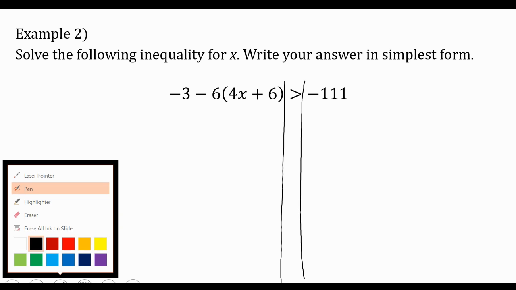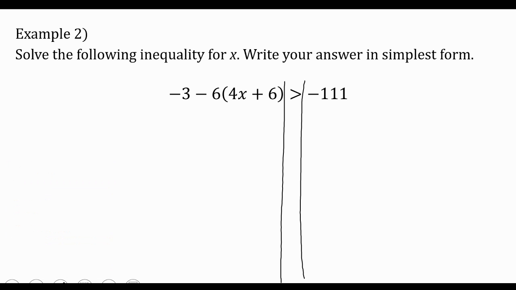And we do have parentheses here, so we know that we're going to distribute first. Remember, you're going to distribute this whole number outside, so treat it as if it is a -6, and you're distributing a -6. That's why I circle the subtraction sign with the number. Okay, so -6 times 4x gives us -24x, and then -6 plus 6 gives us -36.